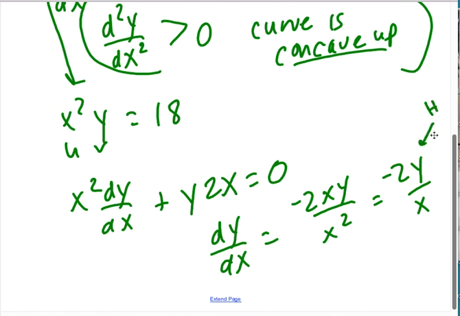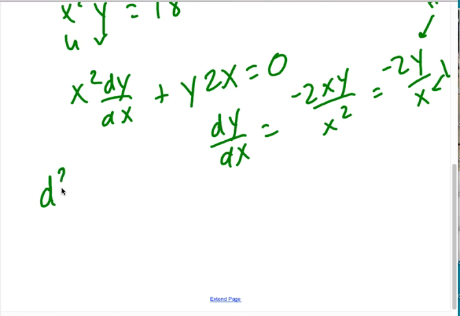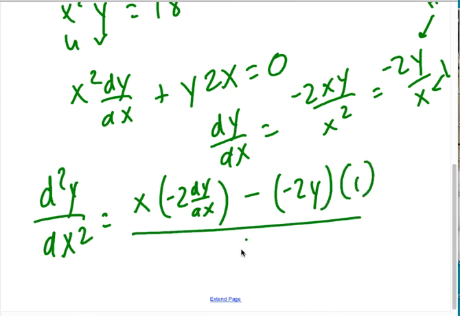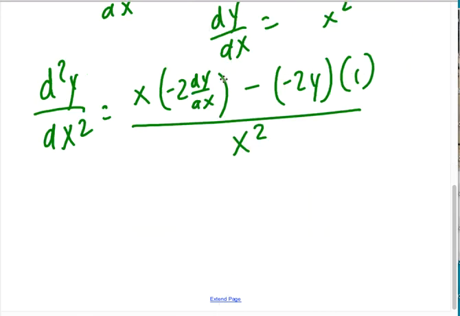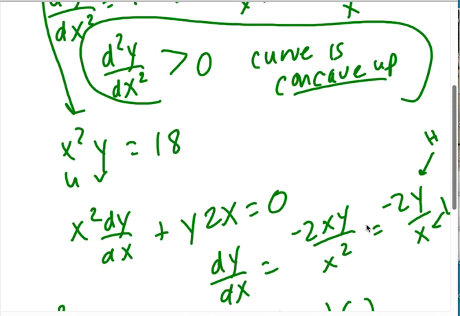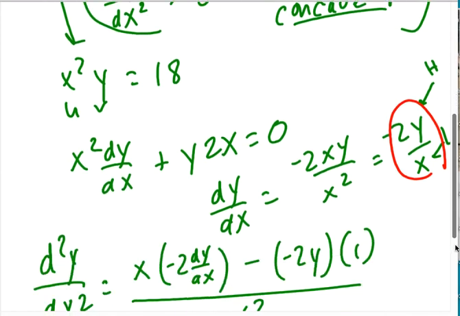Now you have a high and a low function. So when you differentiate again, d squared y dx squared, you get low d high, which is a negative 2 dy dx, minus high, which is negative 2y, d low. Draw the line, square the low. You would replace your dy dx with this.